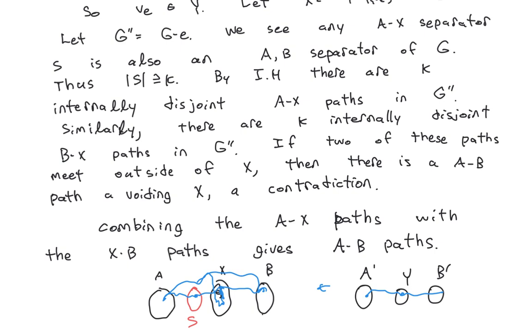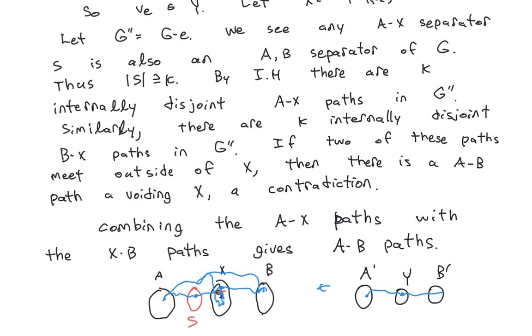So now let's delete the edge E to create a new graph we're calling G double prime. And since K is the size of the minimum separator between A and B, and S is separating A from B, we see S has at least K vertices in it.